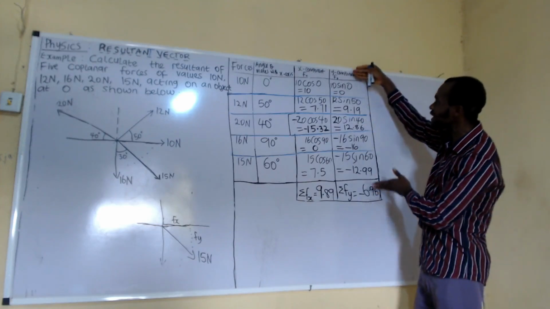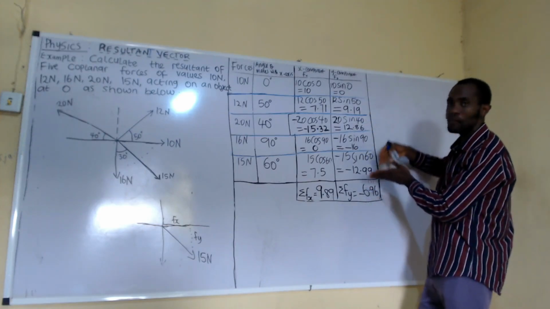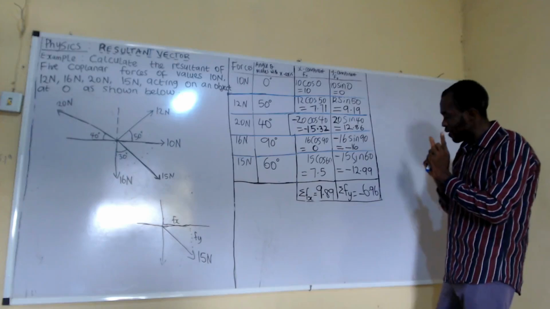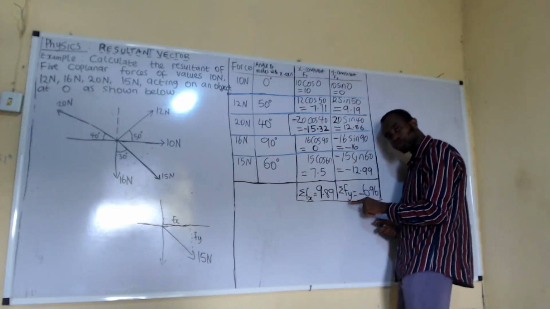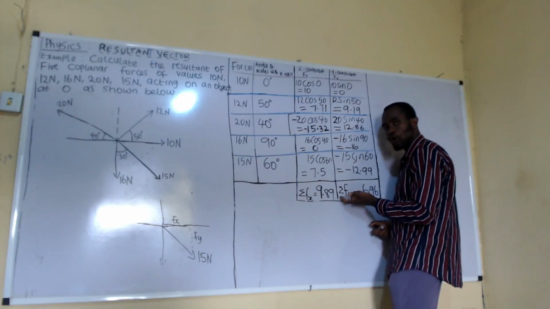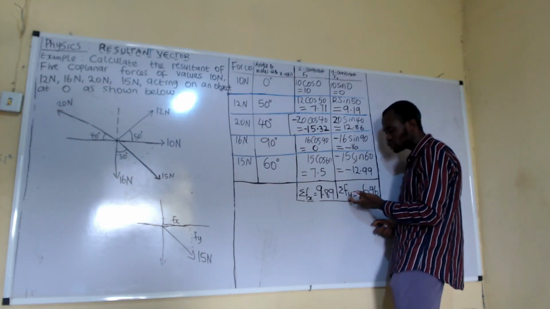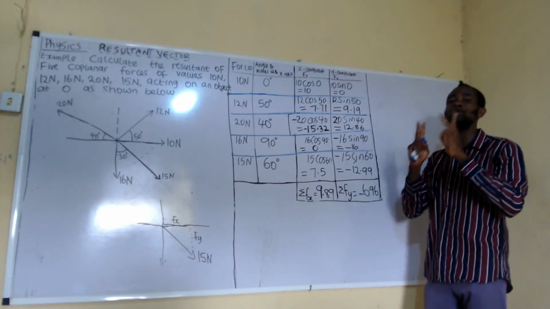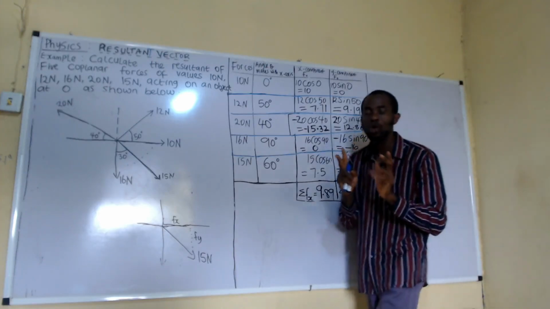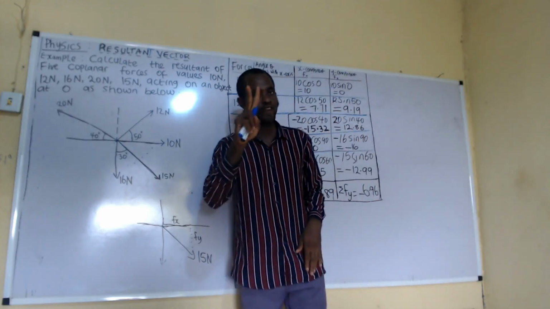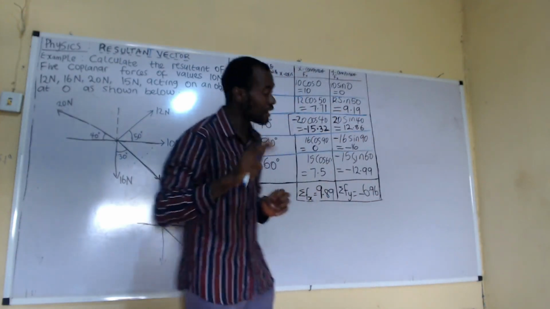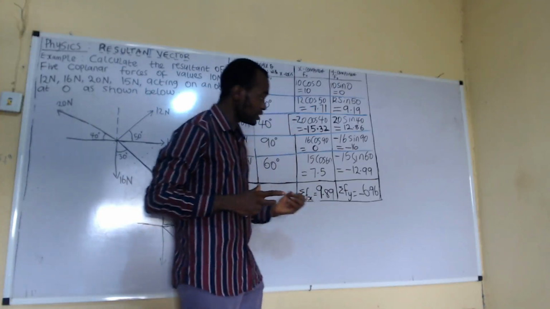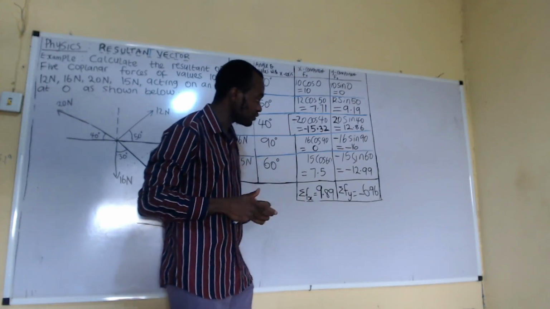So we just quickly sum them up to get one single y component vector, which I call summation f subscript y, which gave me this. So we are just left with two vectors, and we want to sum them up so that we can get the magnitude of the resultant vector.